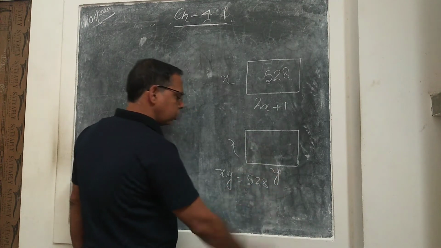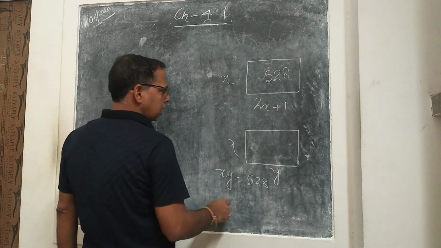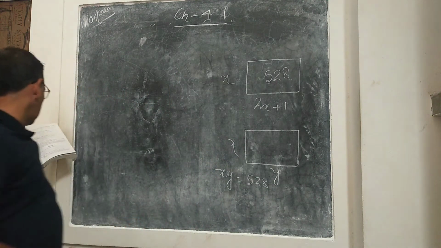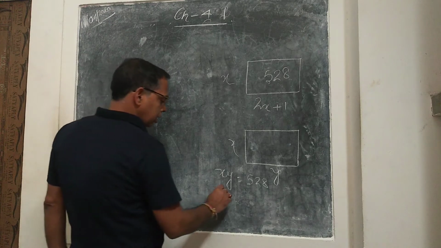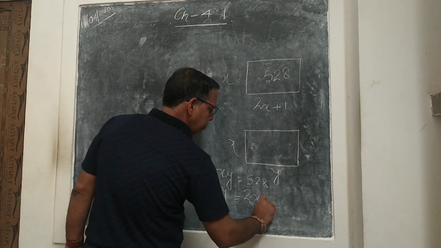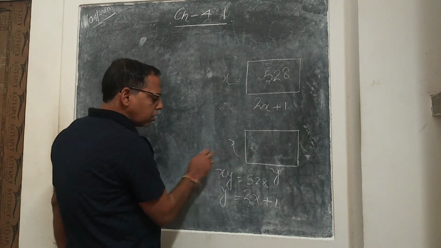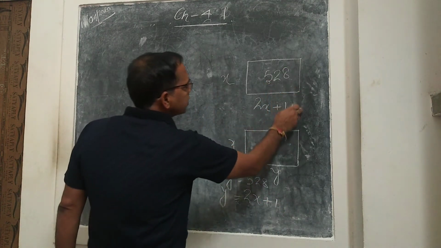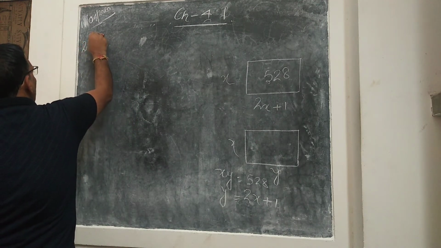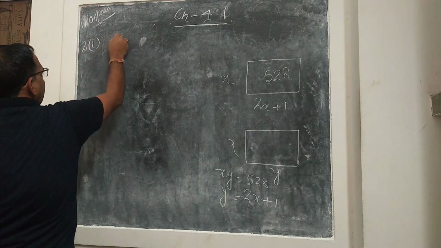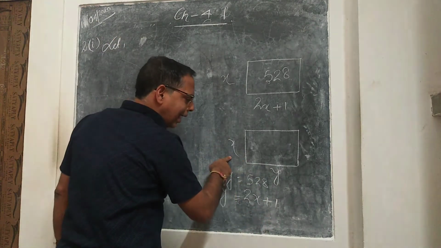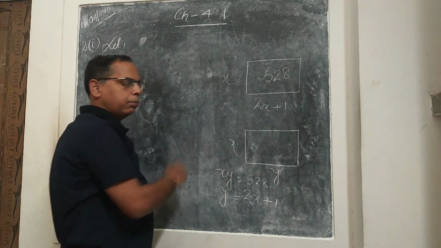This is the first condition done. And the second condition is that the length of the plot is 1 more than twice its breadth, that is y = 2x + 1. Now this is of two variables and that is of a single variable. If you do the two variables, let the length be y and the breadth be x.